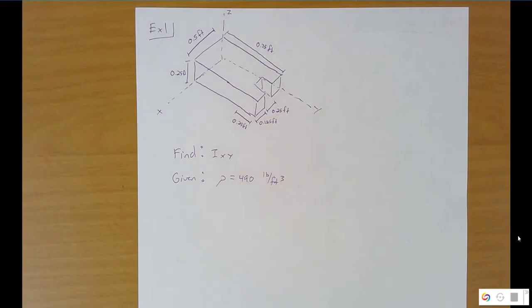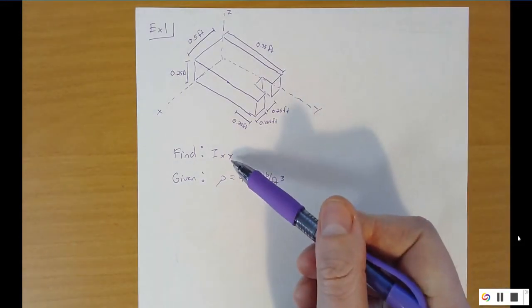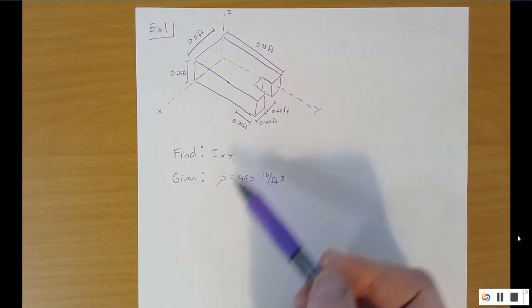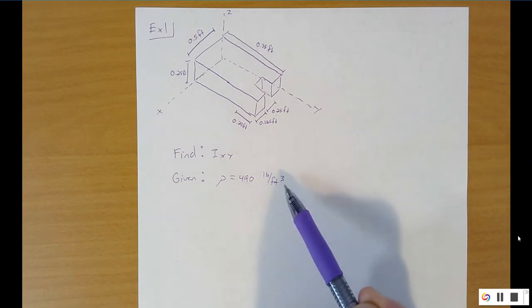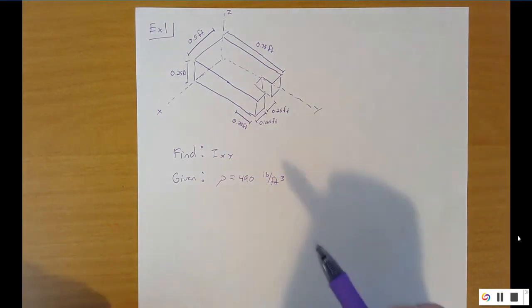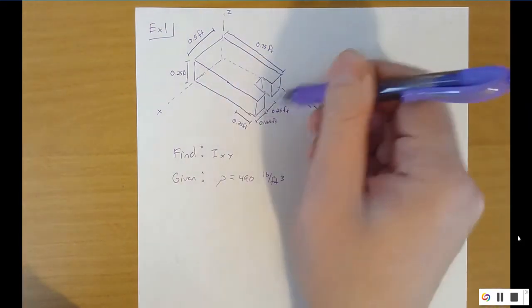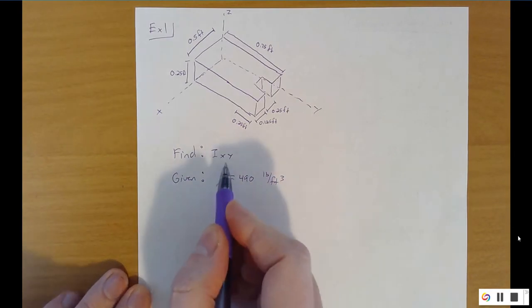Okay, so this is example 1 copied down. We're trying to find IXY, so the product of inertia in the XY plane for this 3-dimensional shape. We are given that rho is 490 pounds per cubic foot. So one of the things you can do is, because this shape is the same height all the way around, we can make it easier by just drawing it in the XY plane.